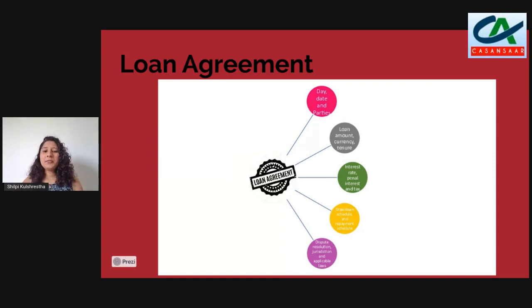Another important point is dispute resolution: how we are going to resolve disputes, what the jurisdiction would be, and what the applicable law would be. Why are these conditions important? Because we are doing a cross border transaction, which means from one country to another. While we are in India, it's easy to go to Bombay, Chennai or Delhi for the purpose of hearing.